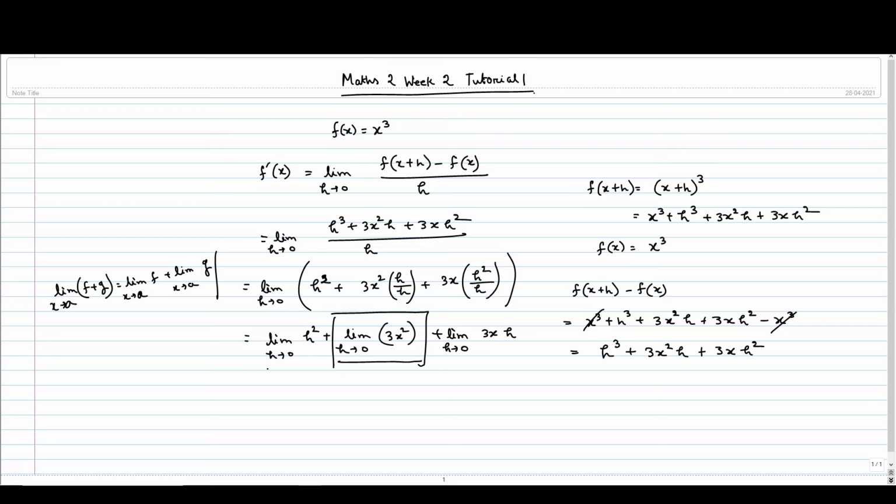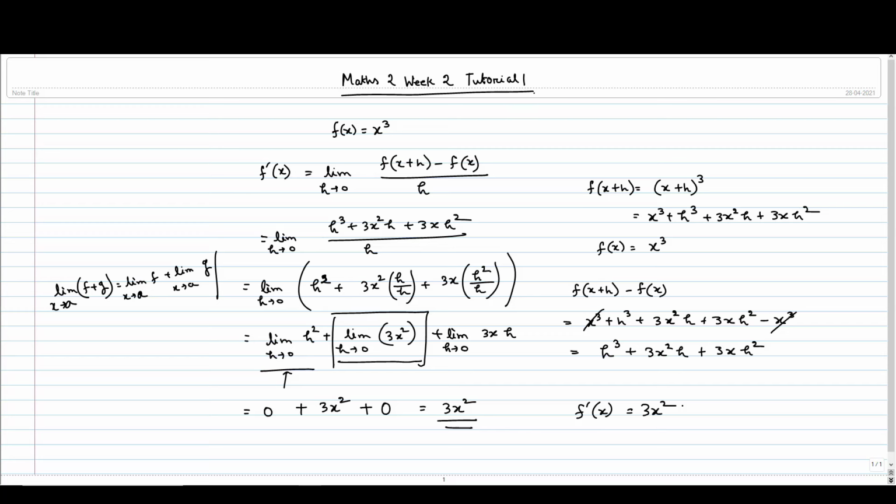The first term goes to 0 as h tends to 0. The second term is independent of h, so it is nothing but 3x square. The third term is again dependent on h, and as h tends to 0, this will go to 0. So it will give us 3x square. So our f dash x will be 3x square when our f(x) is x cube.